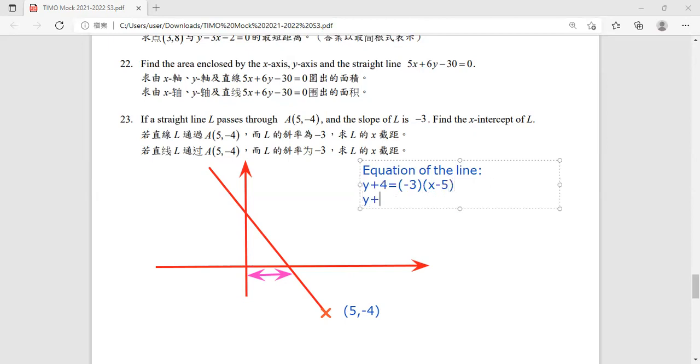Then you will get something like this, and now we have 3x plus y equal to 11.